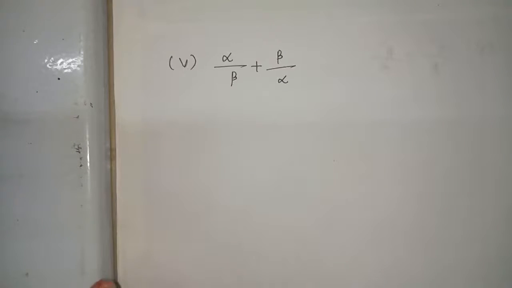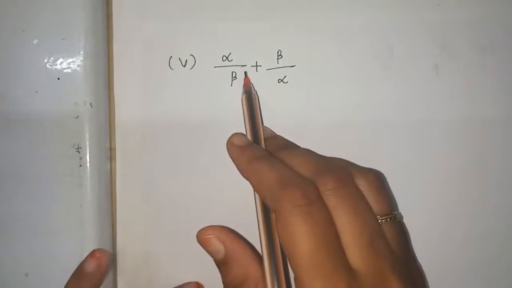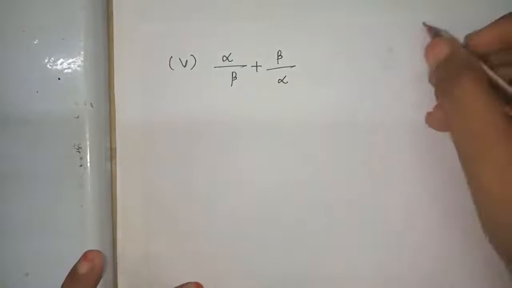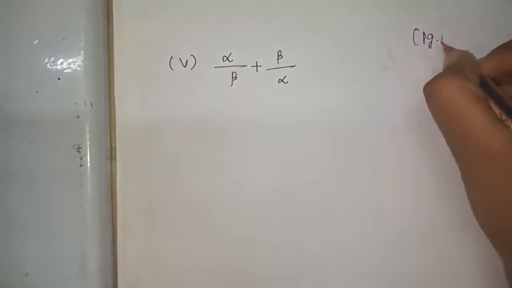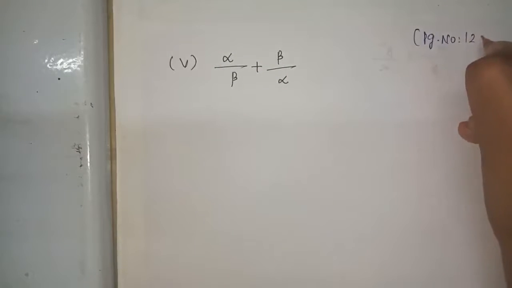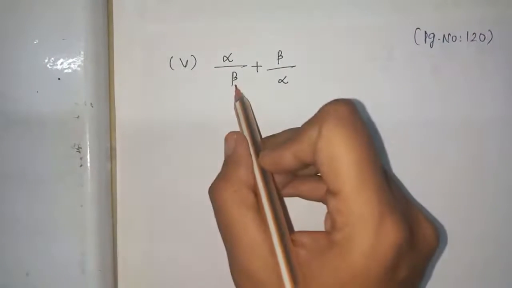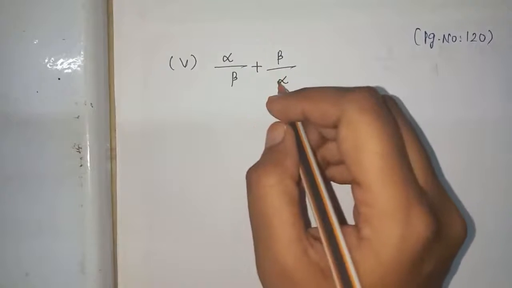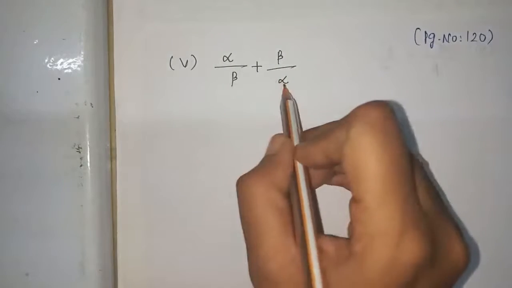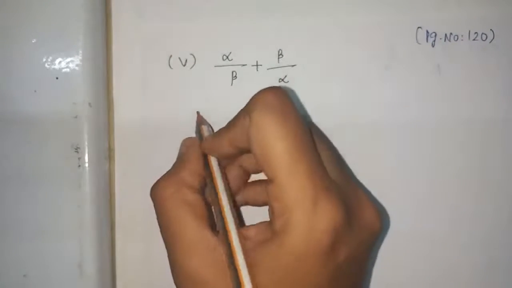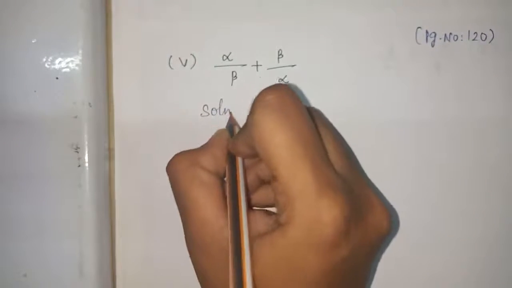These are the subdivisions of the same example problem 3.44. All of these belong to the same page number 120. Now, alpha by beta plus beta by alpha. The denominators are different, so you have to take the LCM or cross multiply.